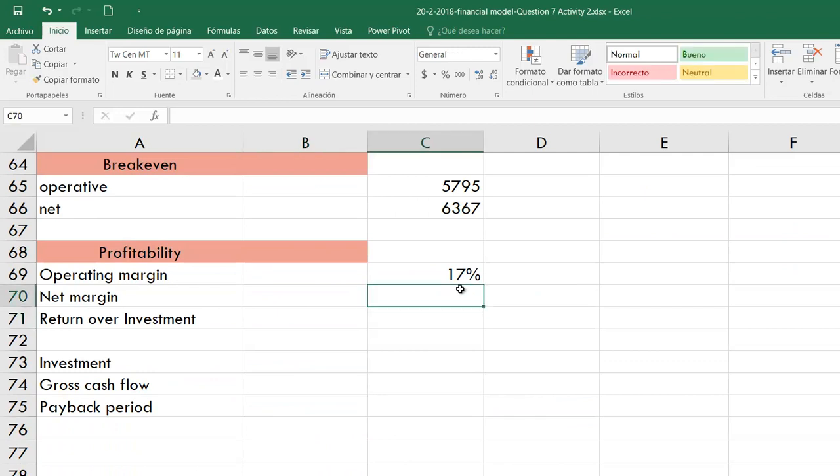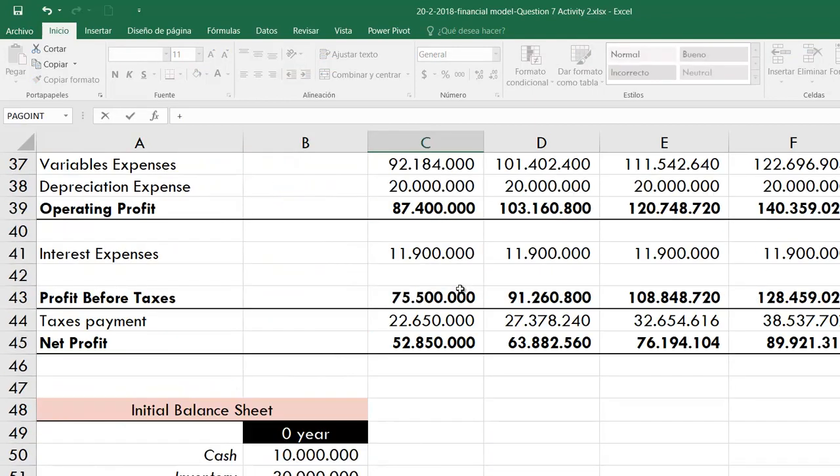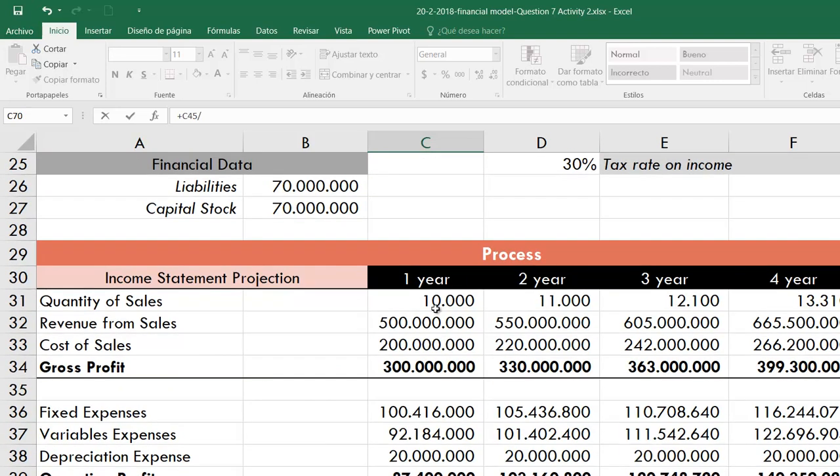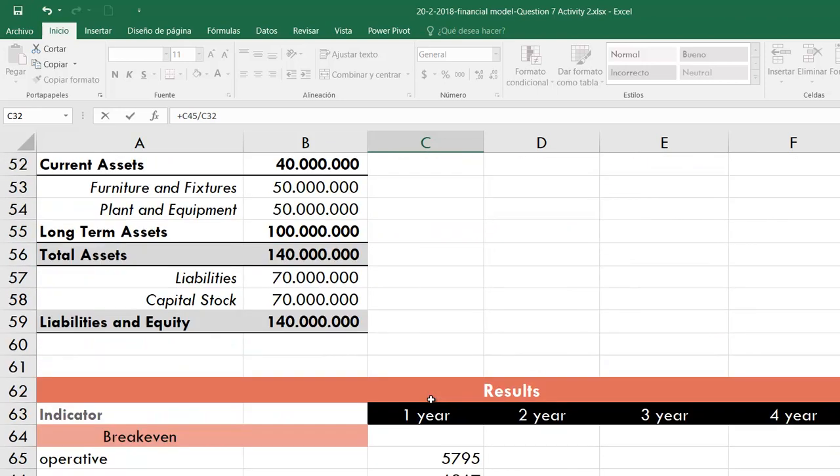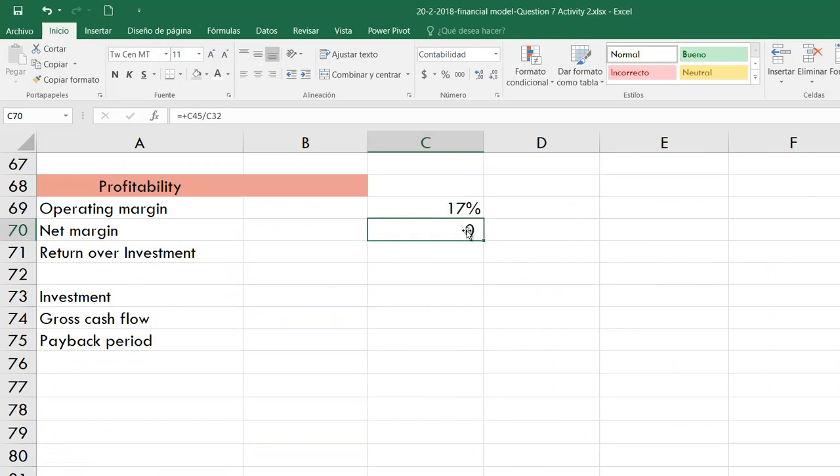Then the net margin will be equal to my net profit divided by the revenue. All these margins are against the revenue. So again, a percentage.